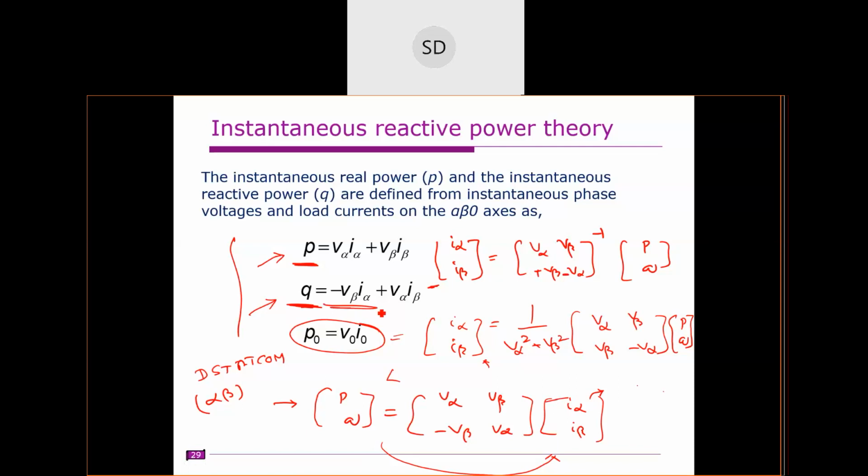So all these things change when the current direction changes. This is minus V beta I alpha, V alpha into I beta, right? So this is minus here and this is plus here. Okay, we'll cross check this one. No problem. We'll cross check this. So this is V alpha, V beta and V beta, minus V alpha, that I remember.